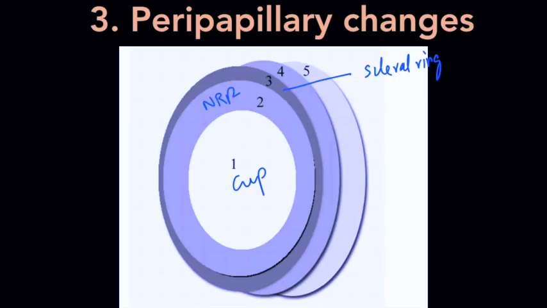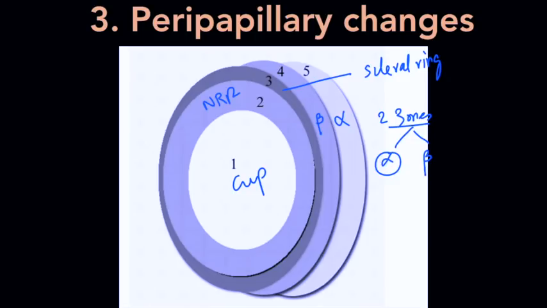Now there are two zones, zone alpha and zone beta. Zone alpha is outside, zone beta is inside, which means zone beta is nearer to the disc. Zone alpha is just outside the zone beta. Not always will both be seen together, but both can be found together as well.